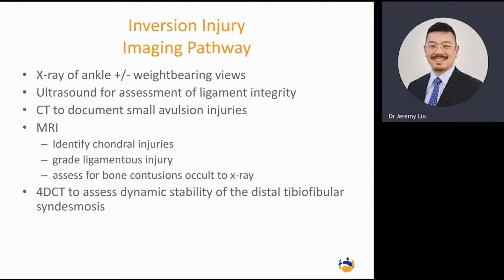Now, in terms of the imaging pathway, what we often see in clinical practice is that the patient will come in and the referral will say twisted ankle, fracture, and we will do the x-rays of the ankle using the AP and oblique views and the lateral projection.